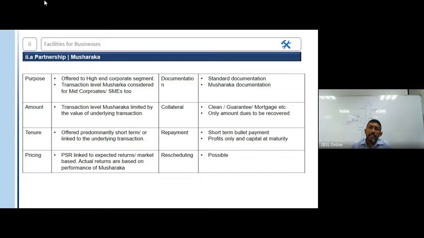It is easy for banks to establish a profit calculation methodology with corporates, especially high-end corporates who are listed, who have regular financial statements, reviewed quarterly, audited annually, or reviewed by auditors on a monthly or quarterly basis.